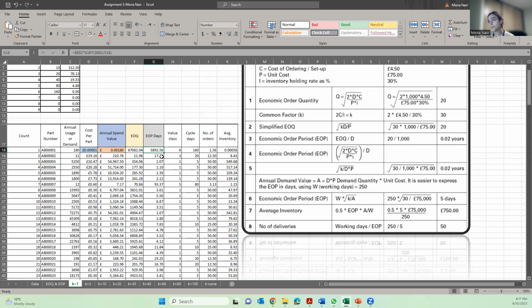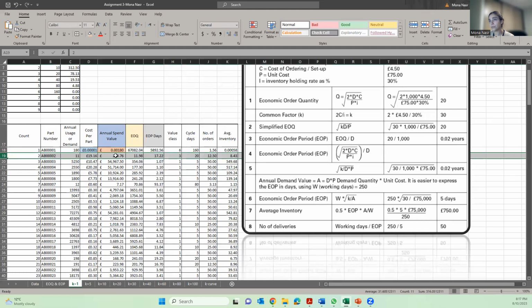For the second one, for part number 02, it's going to be 70.22, because the annual spend number was a bit tricky.